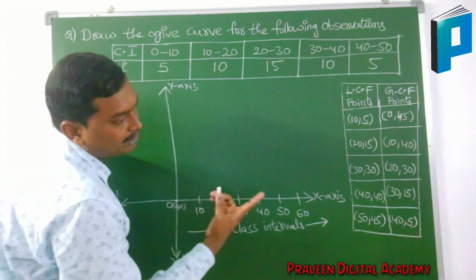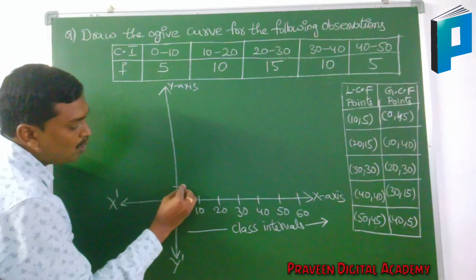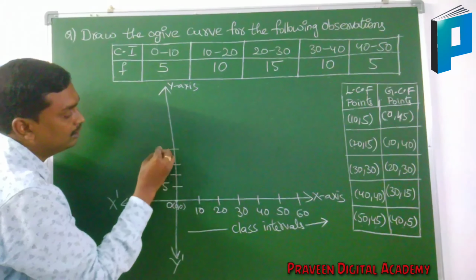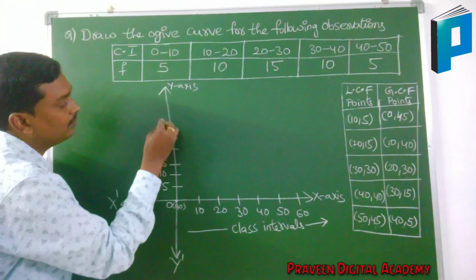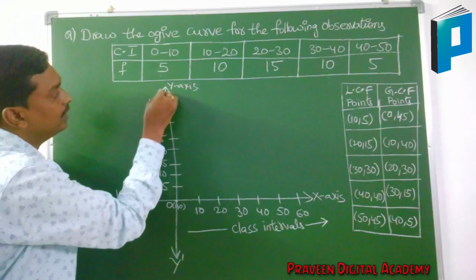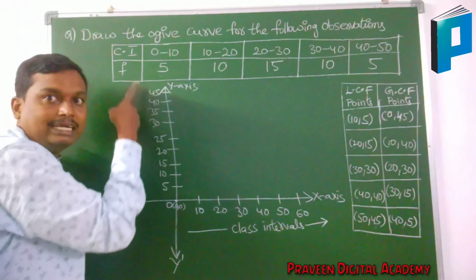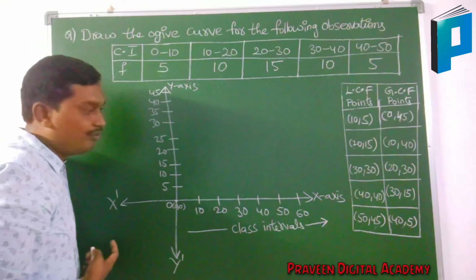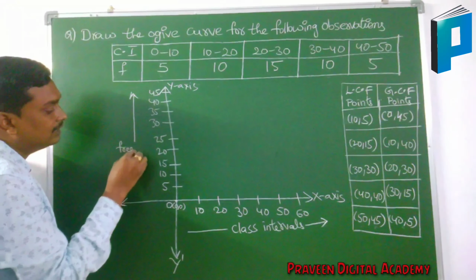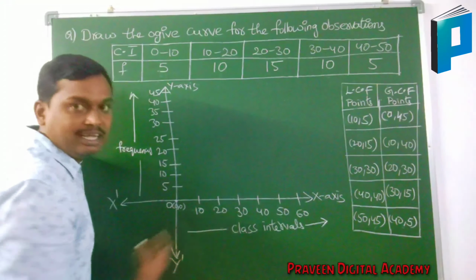Frequency, and the maximum frequency is 45. So I will take 5, 10, 15, 20, 25, 30, 35, 40, and 45. Frequency is the y-axis, class interval is the x-axis.